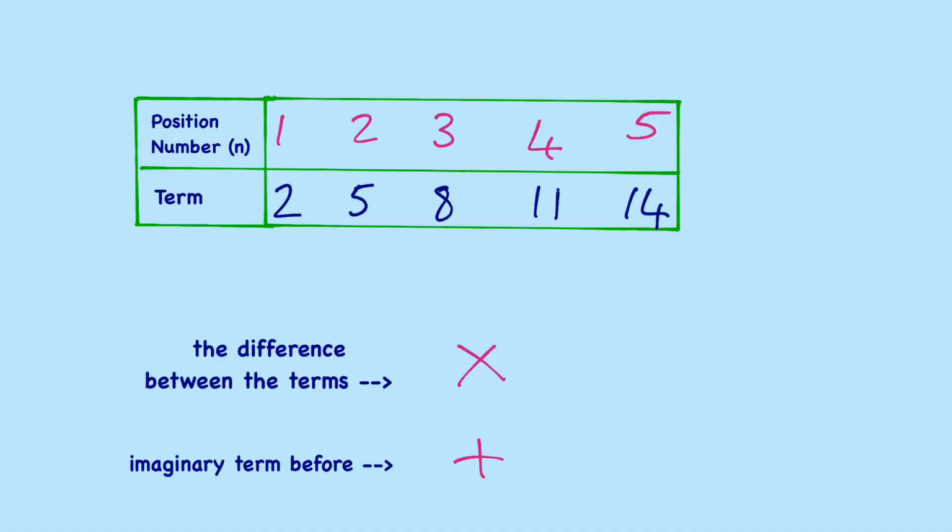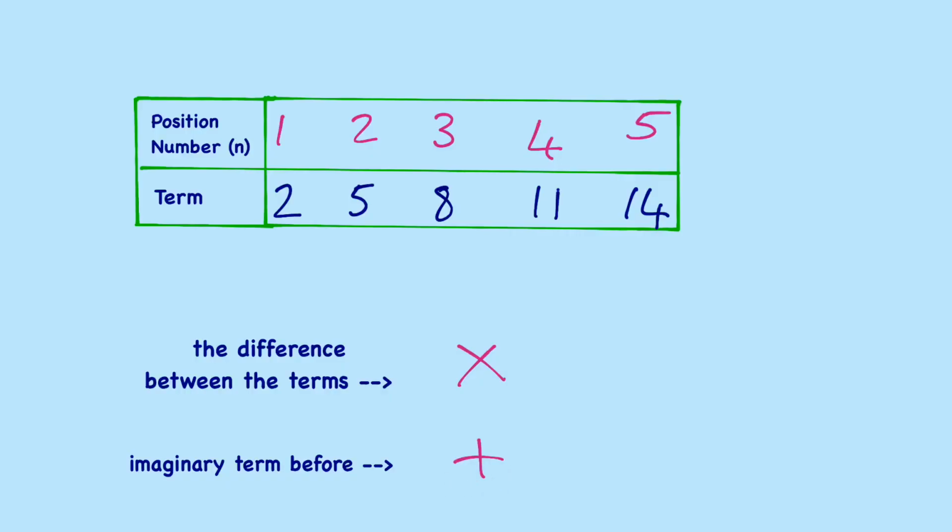Let's have a look at this example. To recap, once we find the difference between the terms, we're going to multiply that number in the formula, and once we find the imaginary term before, we're going to add that number in the formula.